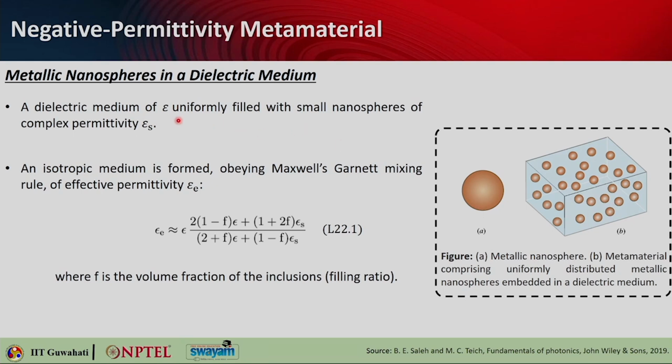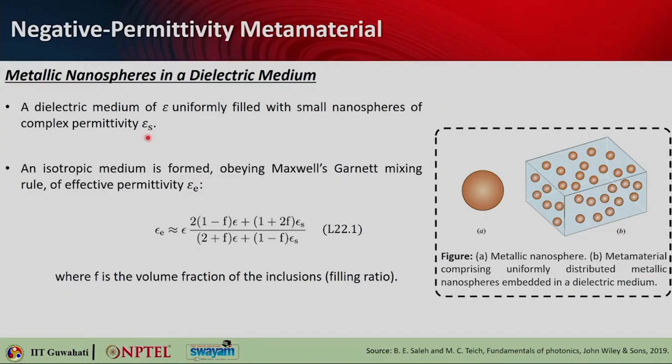So you have a dielectric medium of permittivity epsilon, uniformly filled by small nanospheres of complex permittivity epsilon s. If an isotropic medium is formed, it means in any direction you look, it is more or less uniformly mixed.